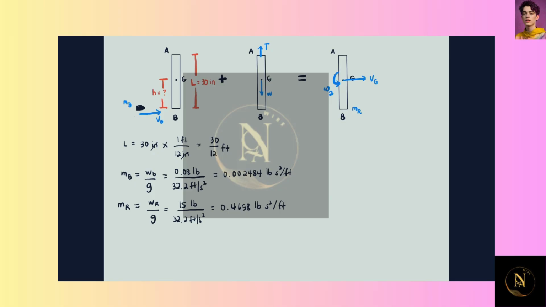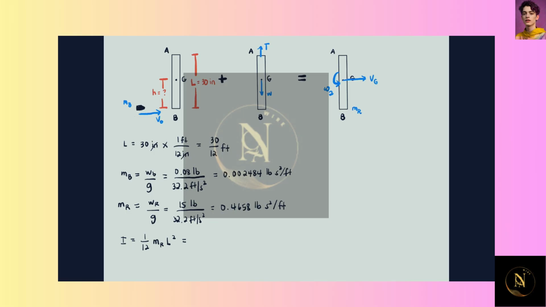We can also get the moment of inertia of the rod. Since it's a rod, its moment of inertia is given by I equals 1 over 12 times the mass of the rod times the length squared.